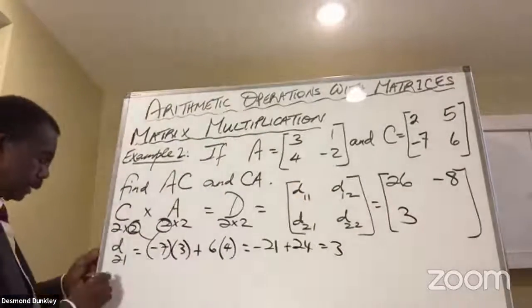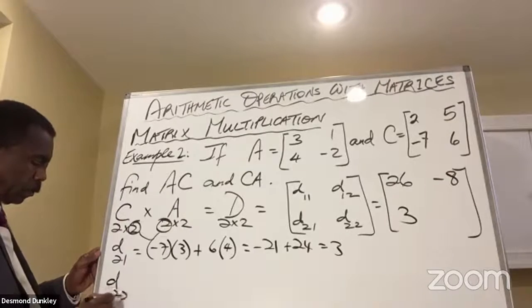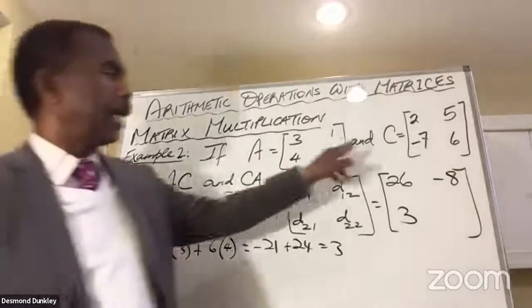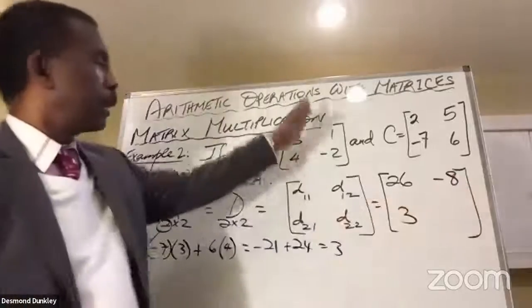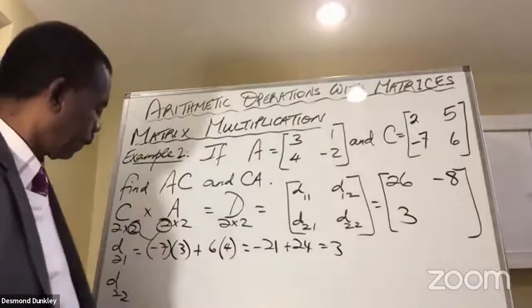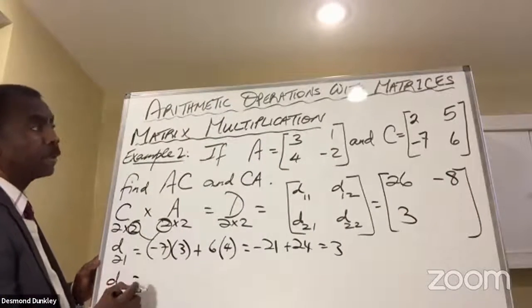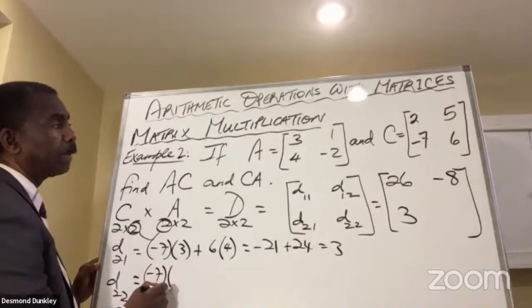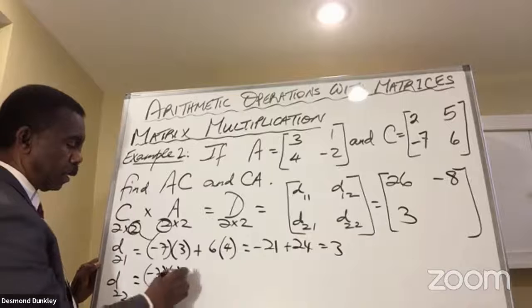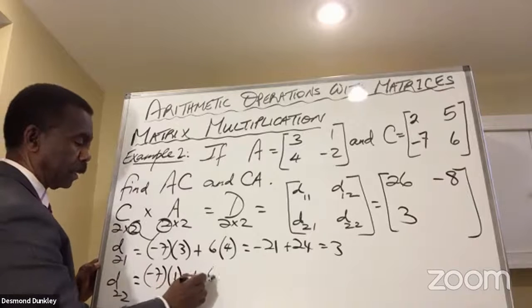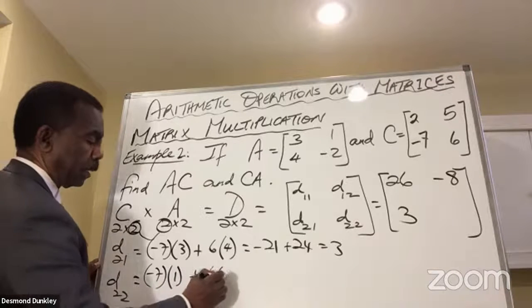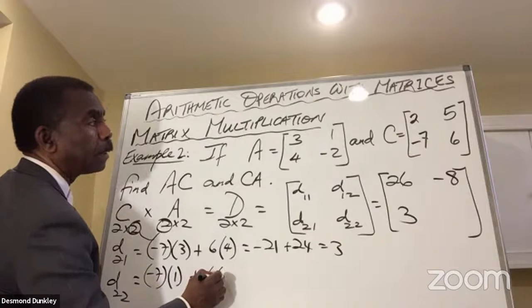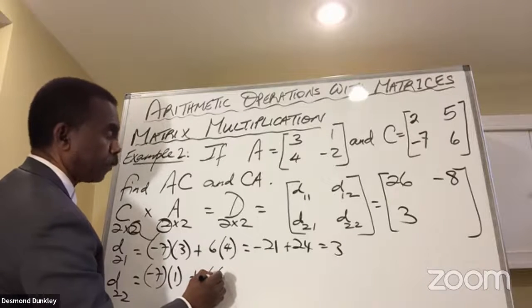And finally, D22. So it's the second row, second column. It's going to be equal to -7 times 1 plus 6 times -2.